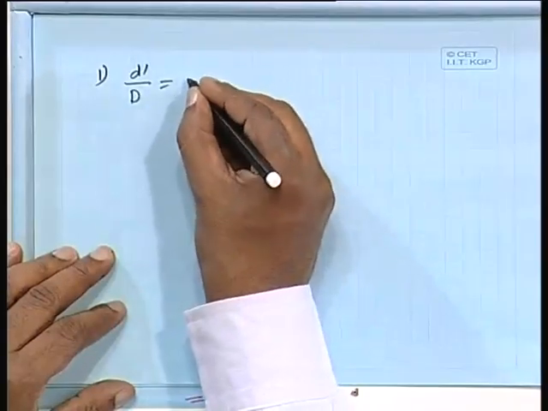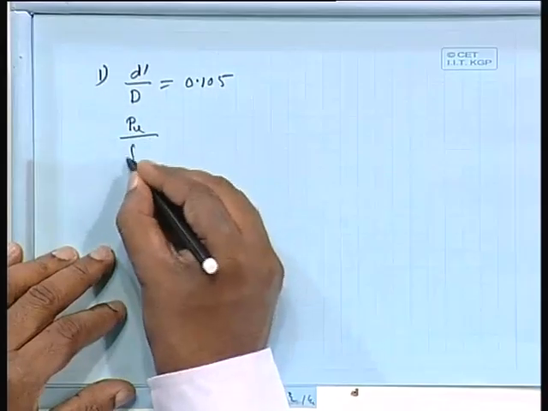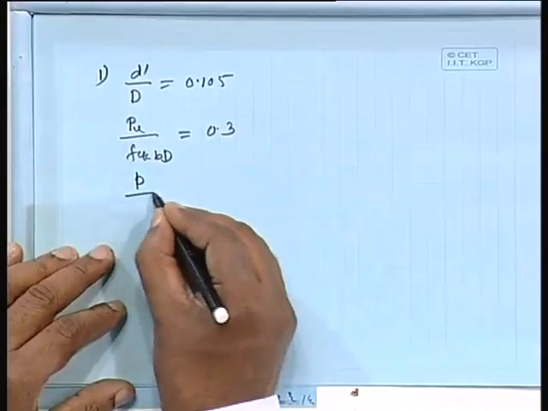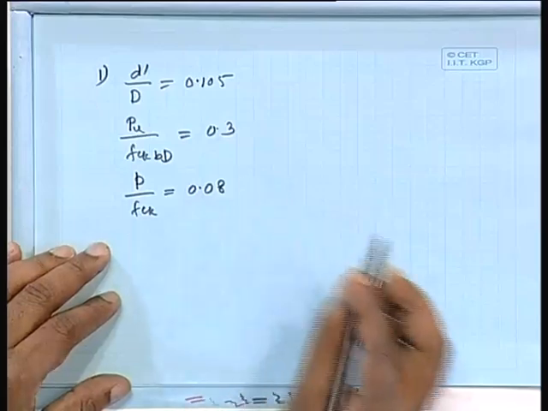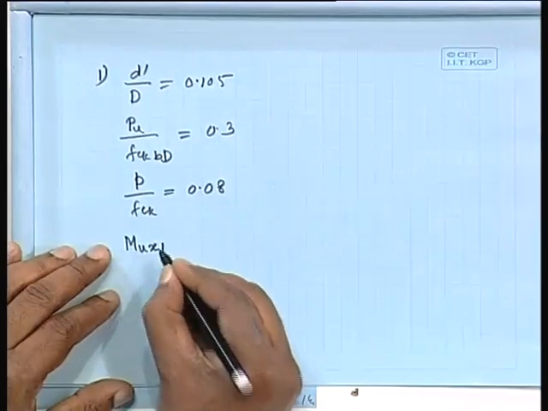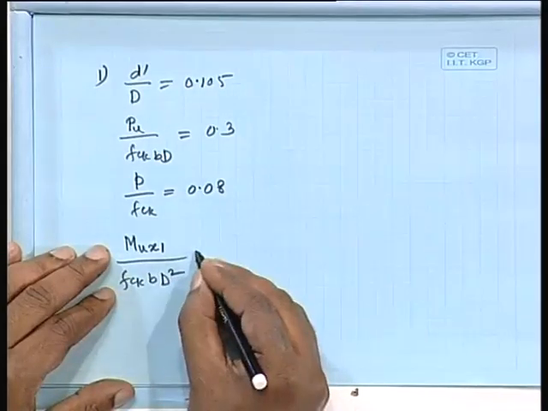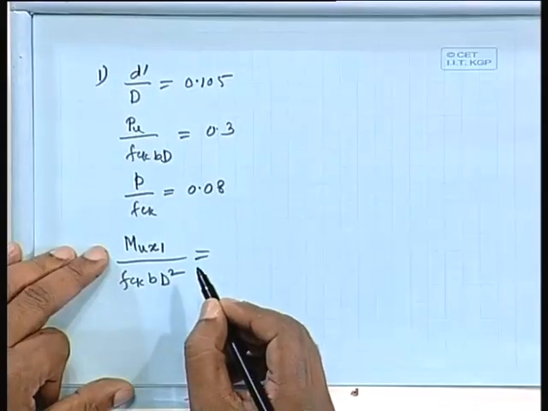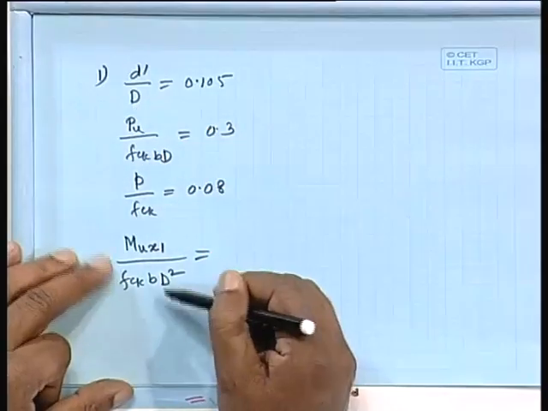In that case, d dash by D equal to 0.105, Pu by fck bD equal to 0.3, p by fck equal to 0.08, and Mux1 divided by fck bD square.